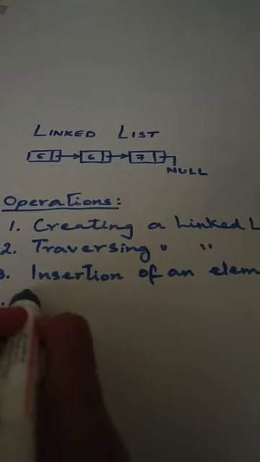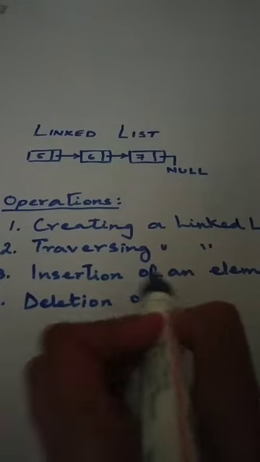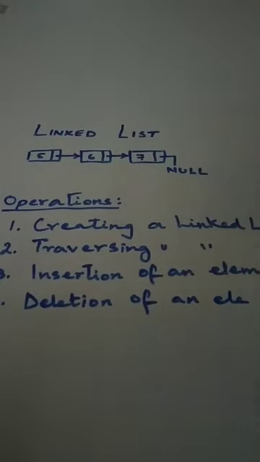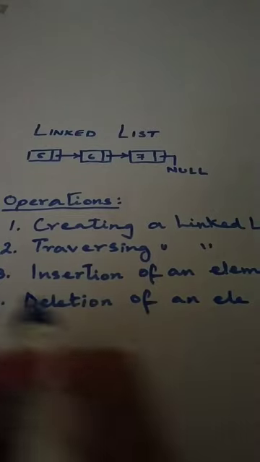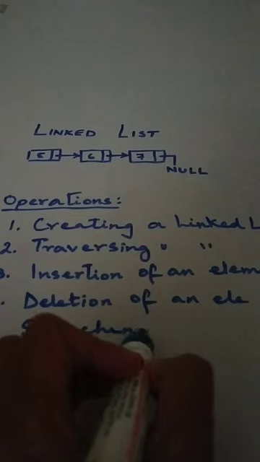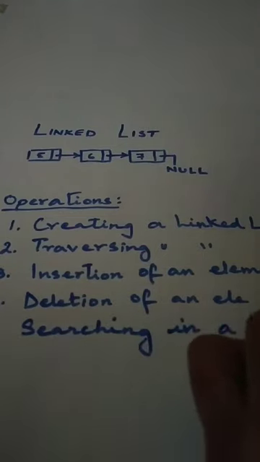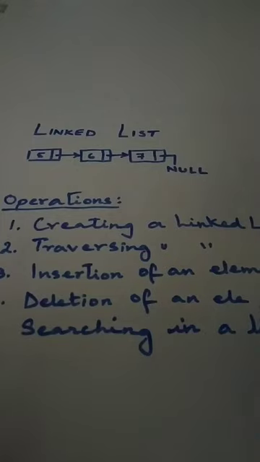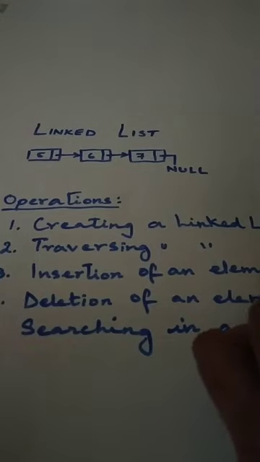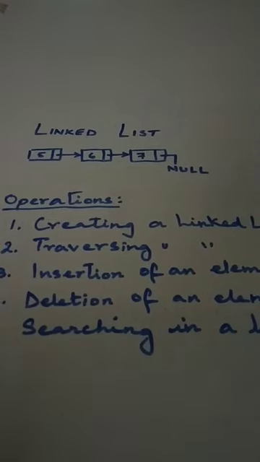Then fourth will be deletion of an element from the list, and then the fifth one being searching in a list. So these are the 5 primary operations that can be performed on a linked list.